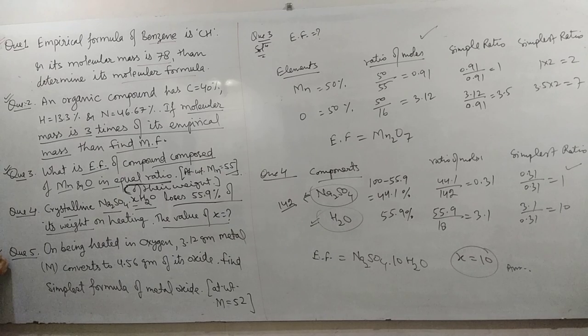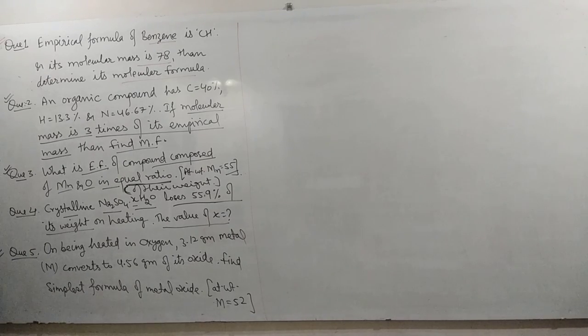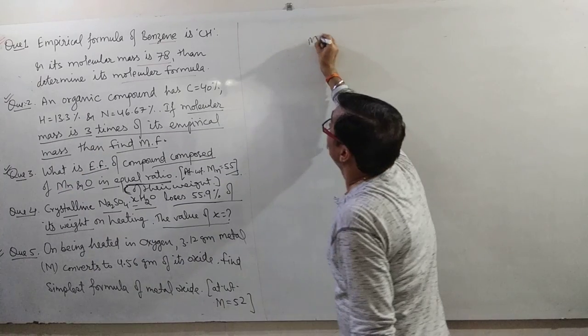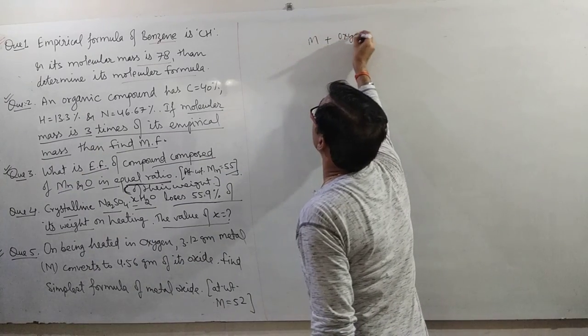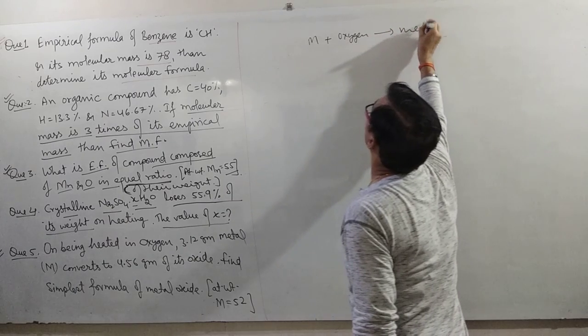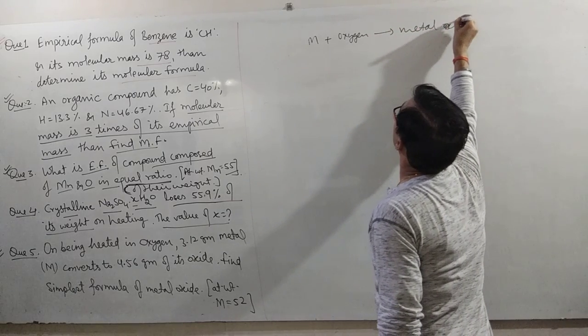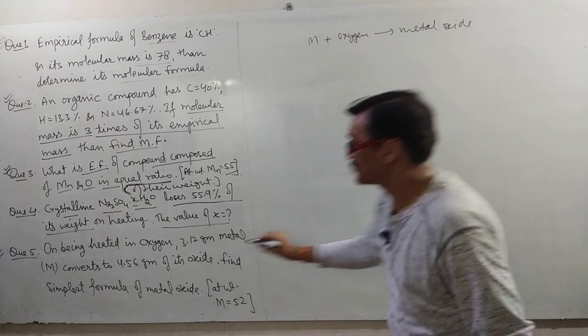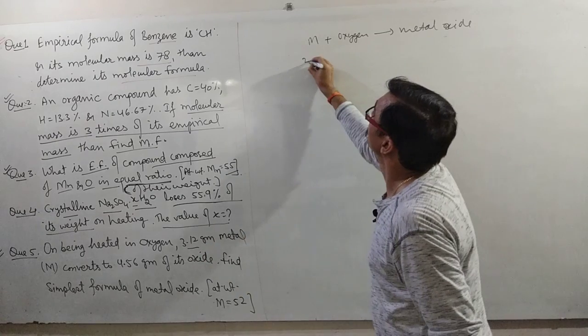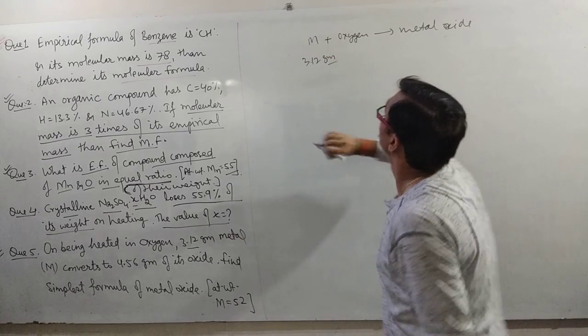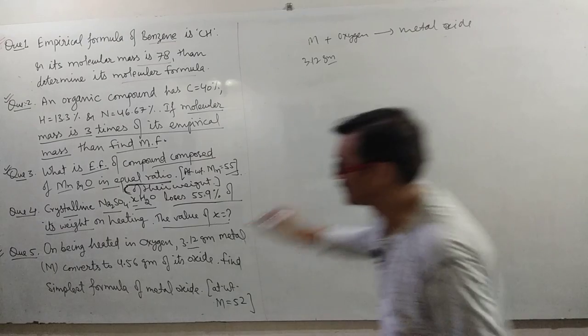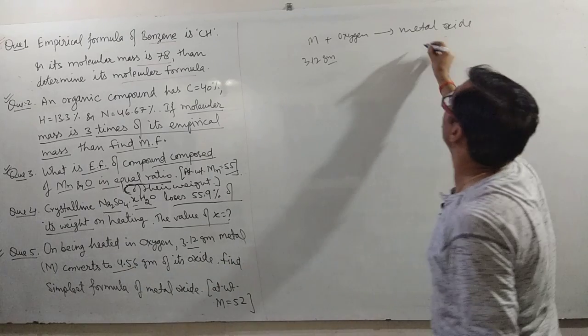And in question number 5, a metal reacts with oxygen to form a metal oxide. Here the mass of metal is 3.12 gram. The mass of metal oxide is 4.56 gram.